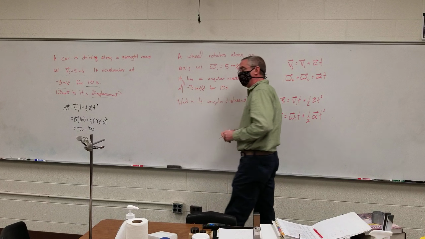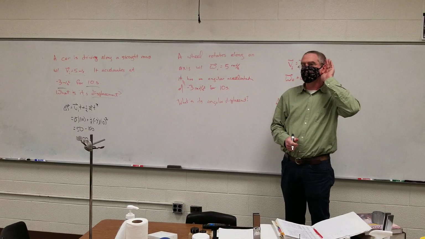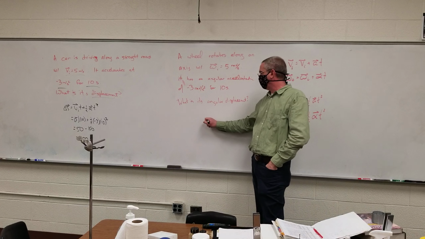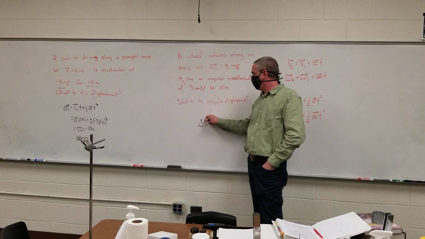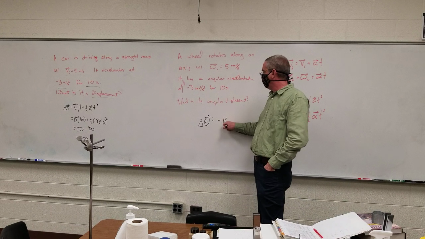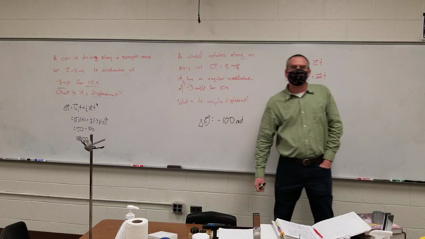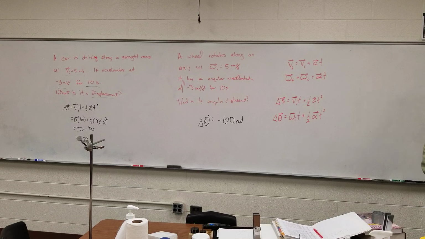What's the answer to this one? Same thing, but different units. So what is it? Negative 100 radians? Yes. If you can translate the new problems into the stuff that you've been doing, it's the exact same process.